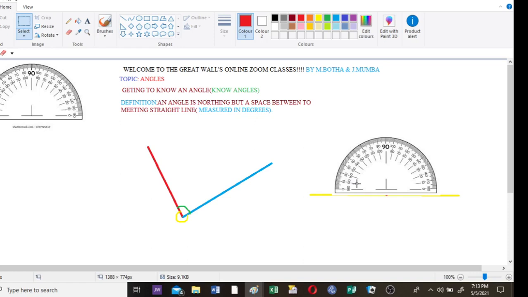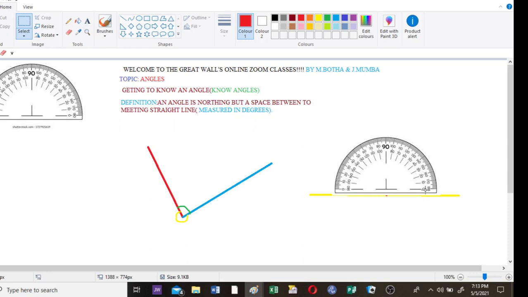And then we use the outer scale when we are measuring an angle which is outside, or when we are measuring an angle clockwise. Let's take, for example, we want to measure an angle of 45. Okay, 45 clockwise. So we are using the inner scale, this one.